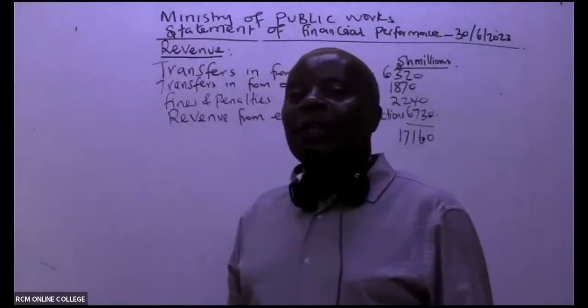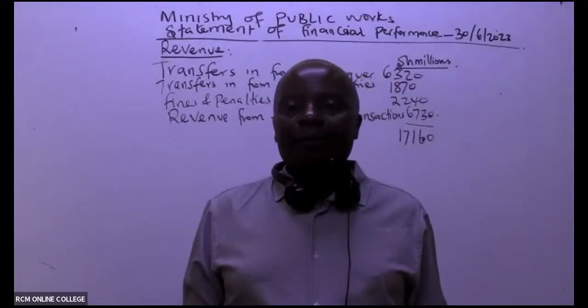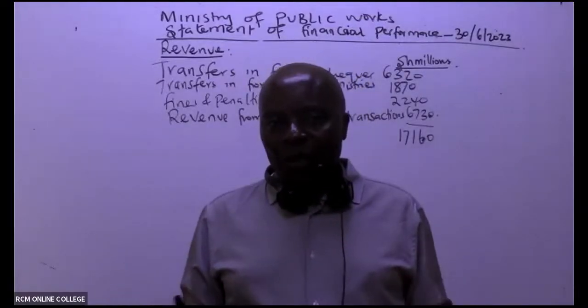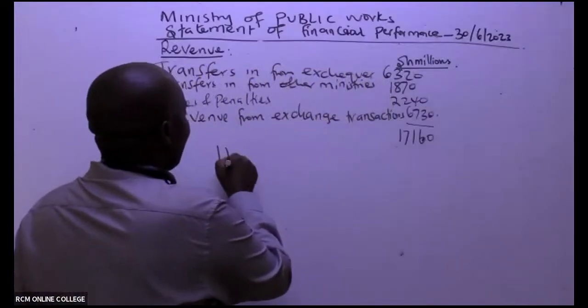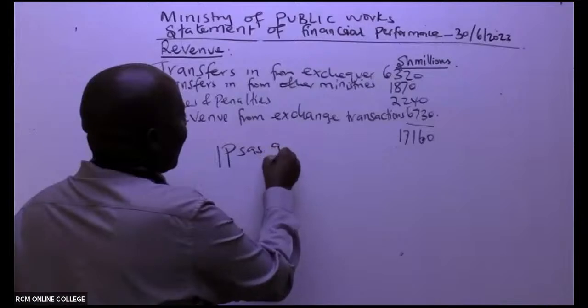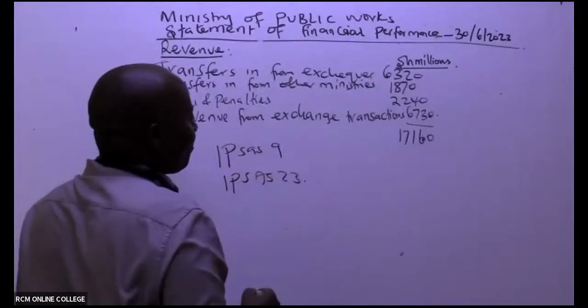Now, there are 2 types of revenues that these public sector entities will always make. We have revenues under IPSAS 9, and then we have revenues under IPSAS 23.